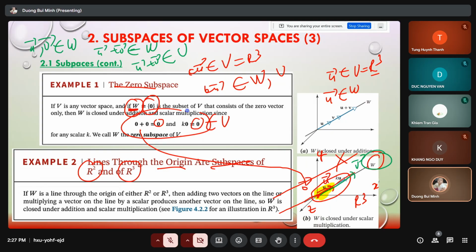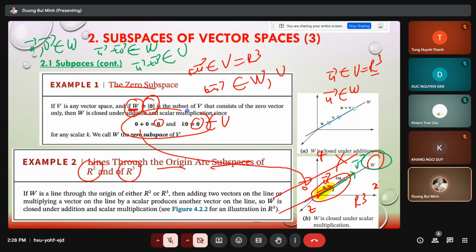Here we have x, y, z. That means we have vector space R3. So any vector u, with components u1, u2, u3, belongs to R3. Now we have the line going through the origin.